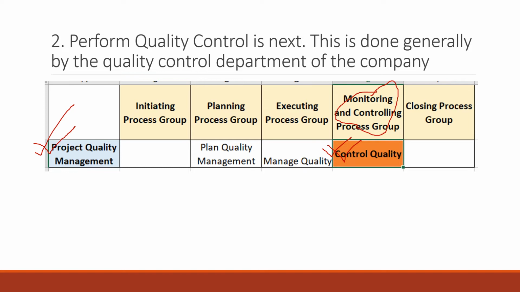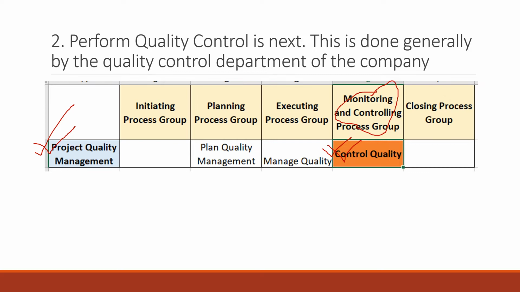This is where the quality control department of the company is going to test the deliverables. So when you do the control quality process, you are basically performing quality control on the project deliverables. Let's take an example of a software project. If you're creating software, in direct and manage project work is where you will write the code.